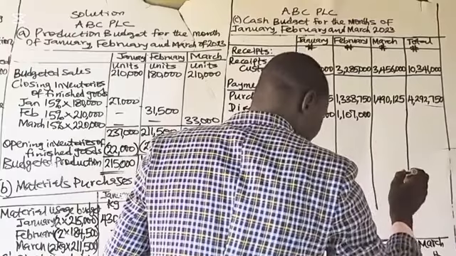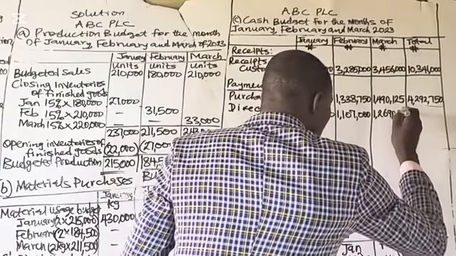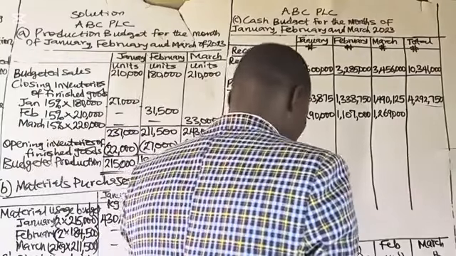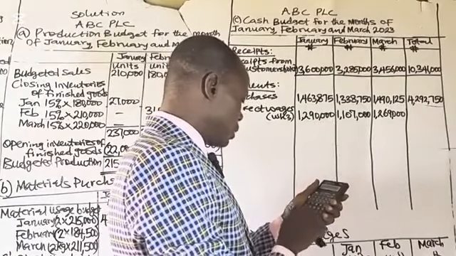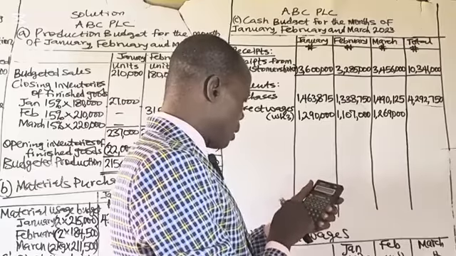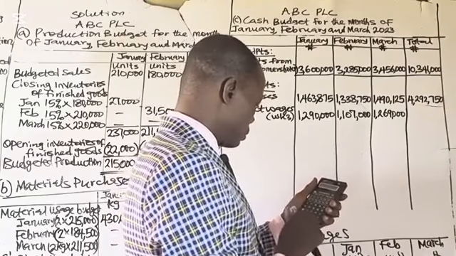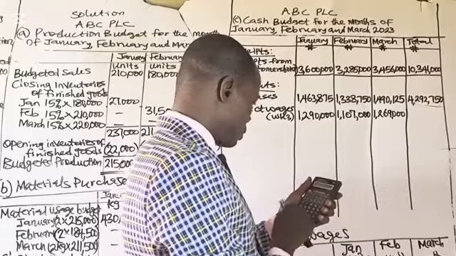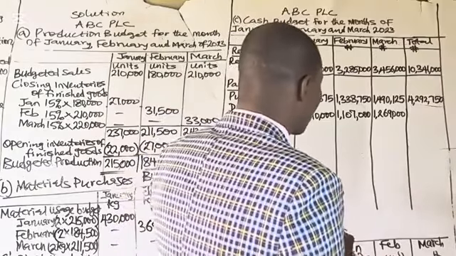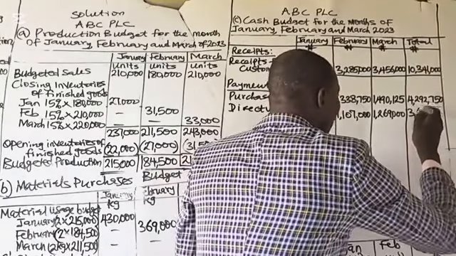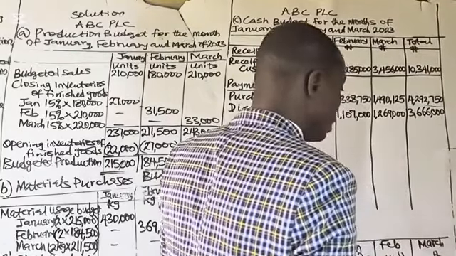And in March, we have 1,269,000. So if you sum up the direct wages incurred or paid in those 3 months, we have 3,666,000. That is direct wages.